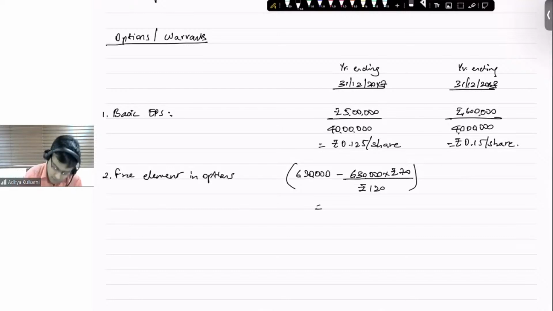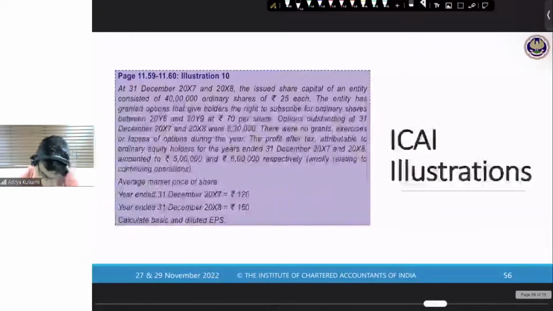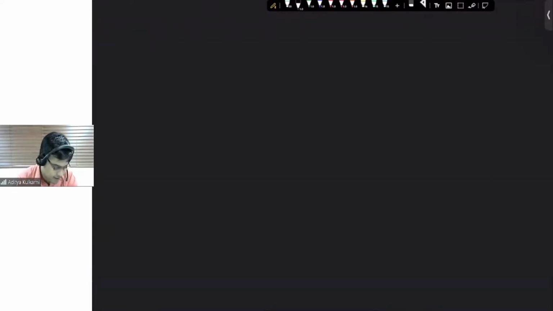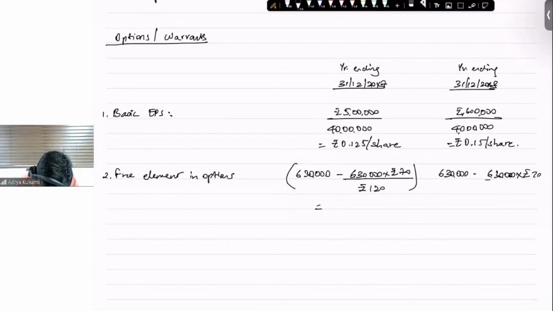Whereas in this case, 6 lakh 30 minus, into rupees 70 by 160. Okay, so this takes care of the workings.